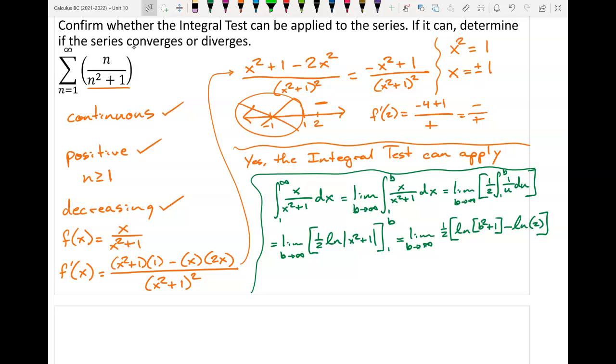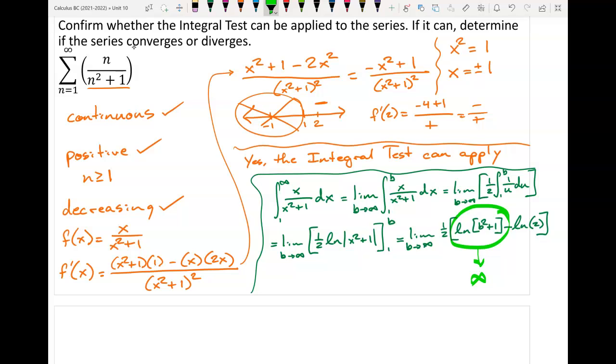So is this converging to a value, or is this unbounded and going off to infinity? It is unbounded. If we think about the natural log function, that is definitely going to be increasing without bound. And so this part here is going to infinity, right? The other one goes to 1/2 natural log of 2, but that one goes to infinity.